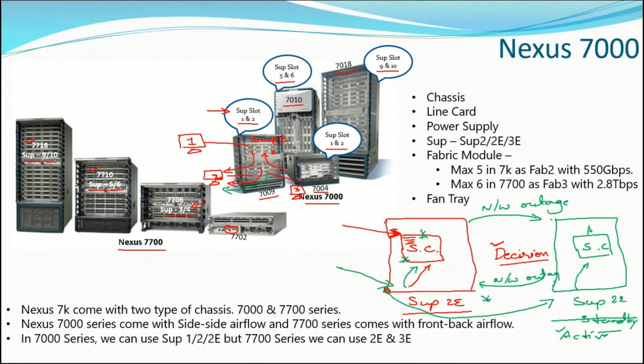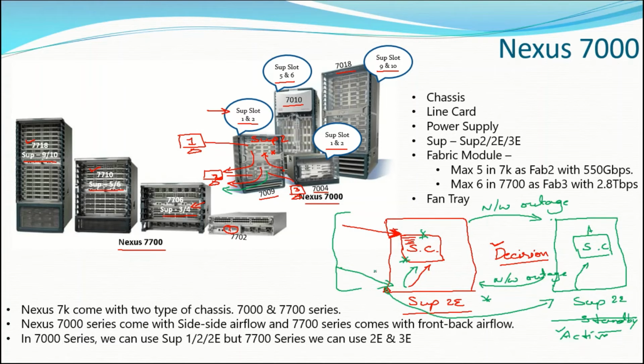So this is one of the drawbacks in the Nexus 7000 series or Catalyst modular-based switches, for example the 4500 series or 6500 series. In all these switches, we have the same architecture of supervisor engine as well as system controller. So they did a mitigation of this.